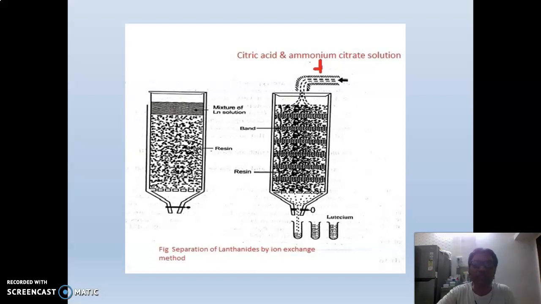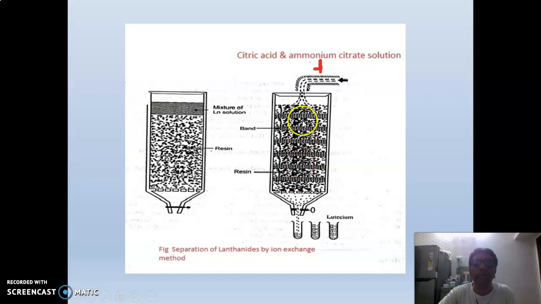Okay. So once again I would like to explain how the lanthanon ions are separated from each other. The first step is the preparation of the resin column. Once the resin column is ready for the separation, an equimolar solution of the lanthanon ions is added into the resin column.